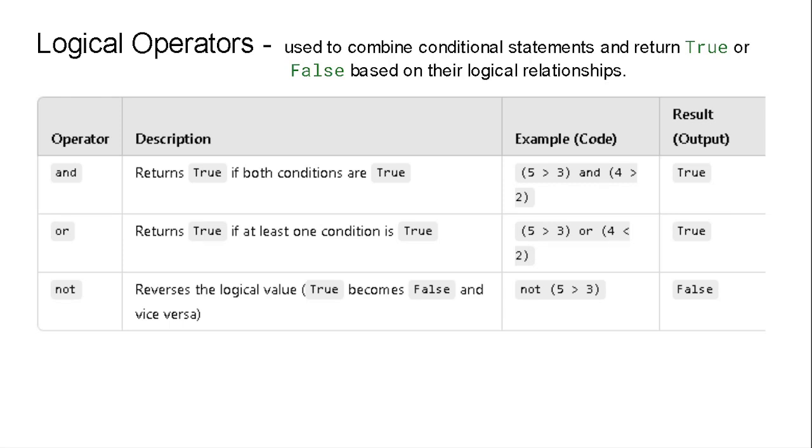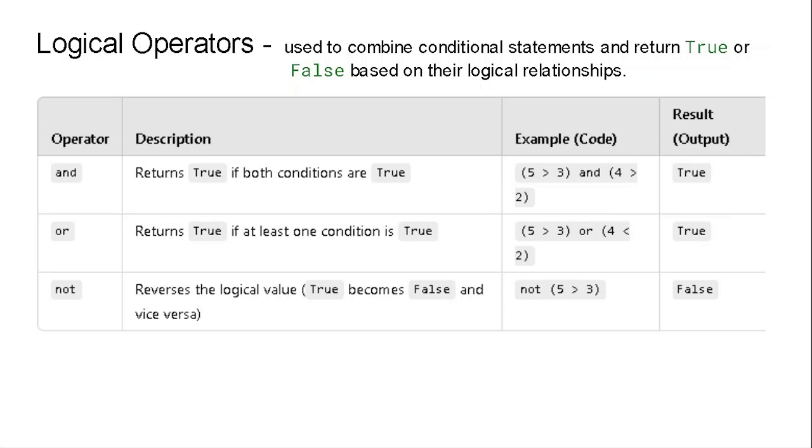Next come logical operators. Logical operators are and, or, not. Logical operators are used to combine two or more expressions using relational operators, like this: 5 greater than 3 and 4 greater than 2 and 6 less than 7 and 7 equal to 7. Like that, you can keep on adding expressions. Now, what is the use of the AND operator?